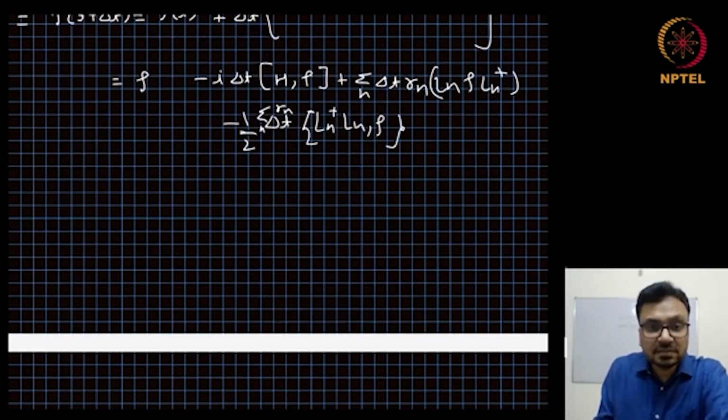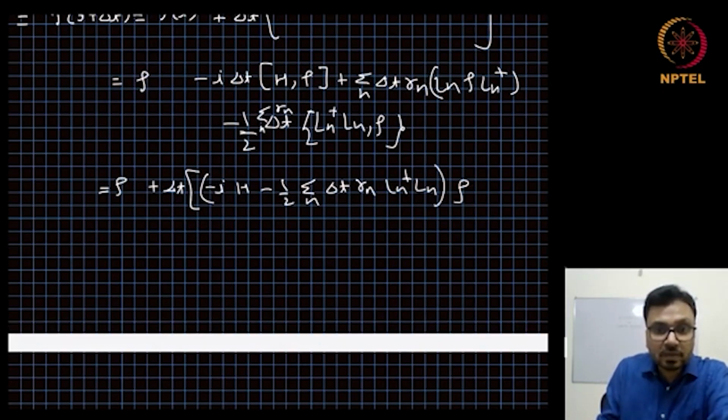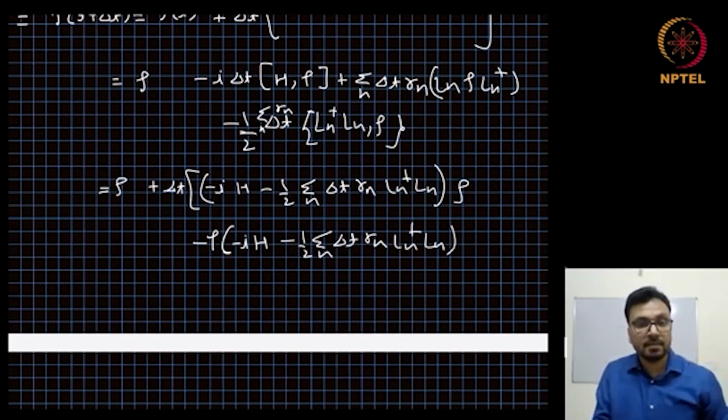This thing can be written as rho plus delta t times (minus i H minus half sum over n delta t gamma_n L_n dagger L_n) rho, plus rho times (i H minus half sum over n delta t gamma_n L_n dagger L_n), plus delta t times sum over n gamma_n L_n rho L_n dagger.